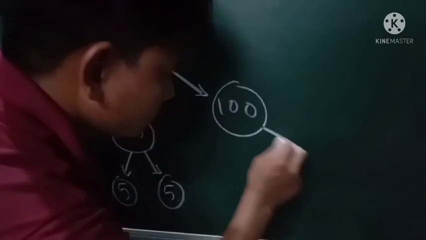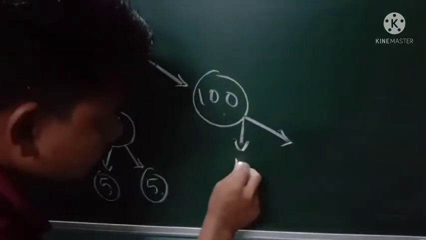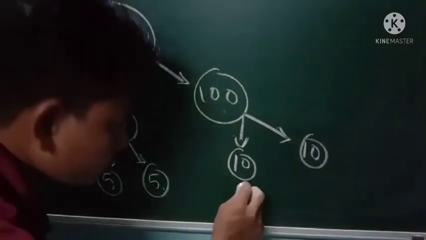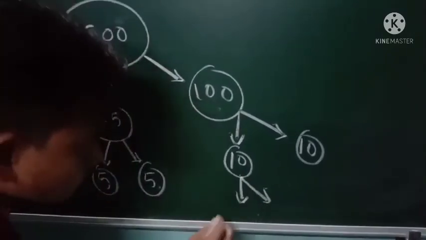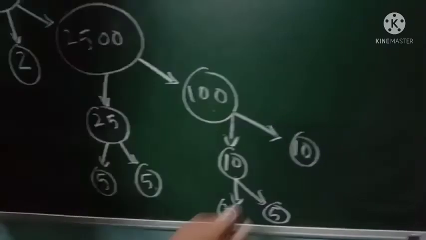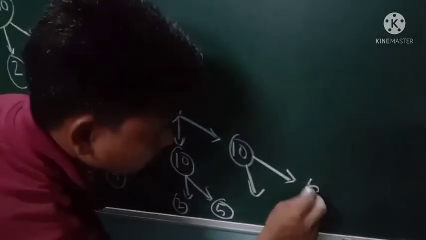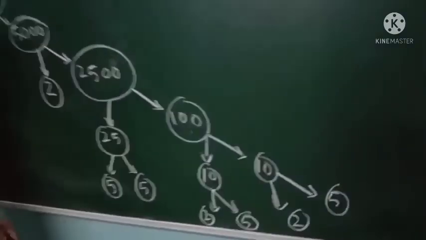Next this 100 we can take 10, 10. Again this 10 we can write as 2 and this side 5. Again this 10 we can write 5, 2. That means 2 5s are 10.